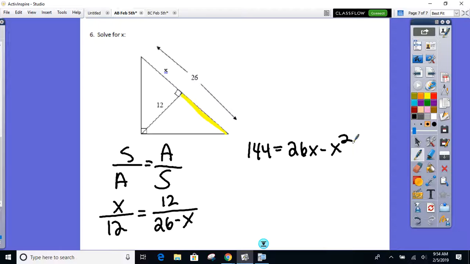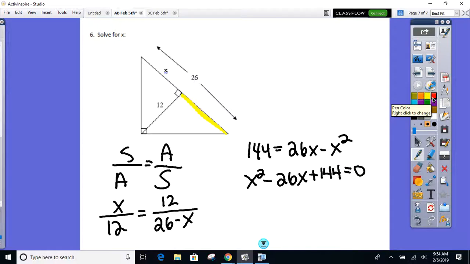What do we hate in here? Negative x squared. So can we just bring everything to the left? How do I bring that negative x squared over? Add it. How do you bring the 26x over? Subtract it. I didn't move the 144, so that stays positive.